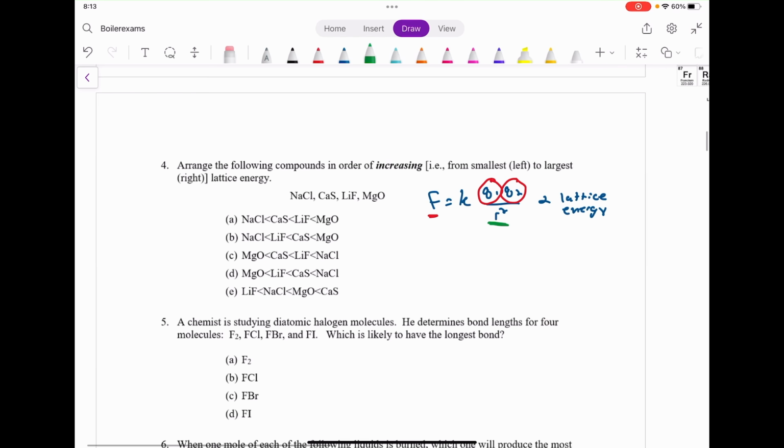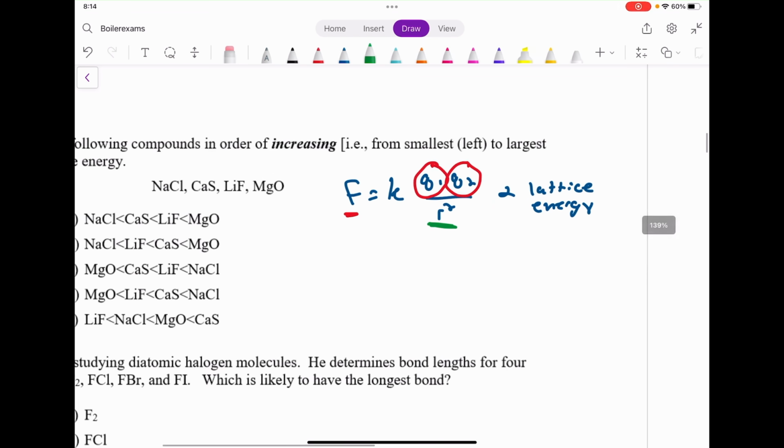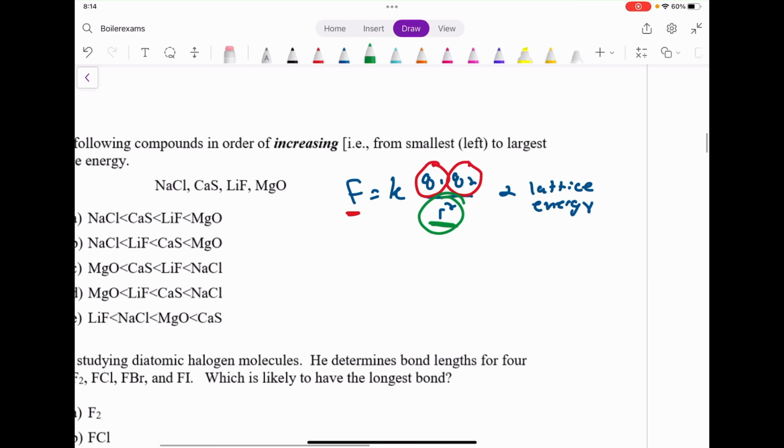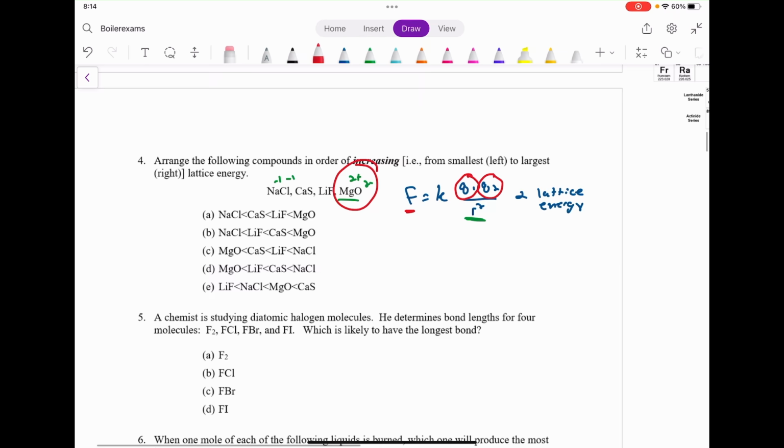So let's use these trends to figure this out. Between the two trends we just talked about, which is more important, the distance between them or the charge? The charge is more important. For example, magnesium in an ionic bond is 2+ and oxygen is 2-, compared to sodium's 1+ and chlorine's 1-. I can tell you right away that magnesium oxide is going to have a much greater lattice energy than sodium chloride.